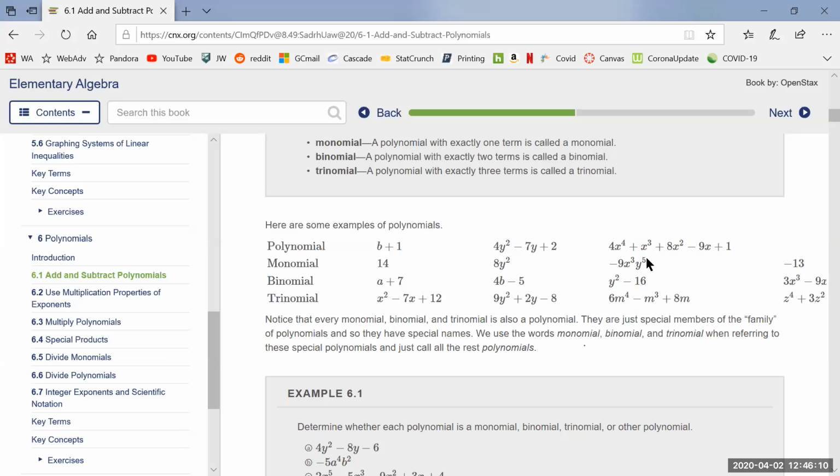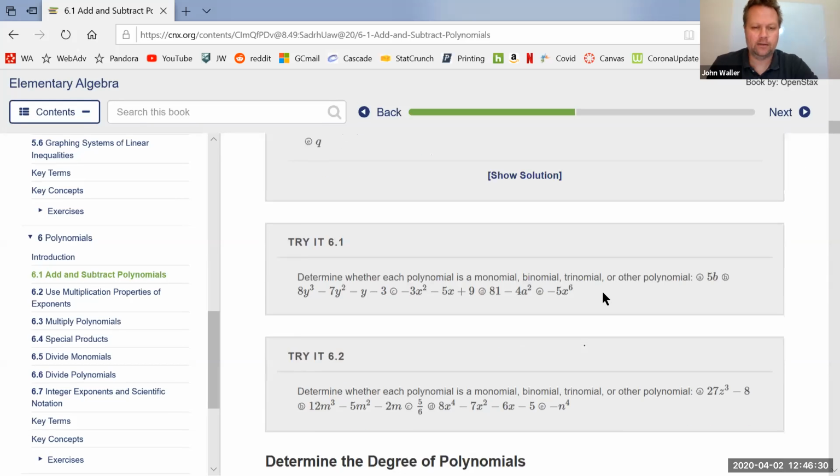There's 3 x's and how many y's? 5. So how many total letters? 8. So that would be 8th degree. This is an 8th degree monomial. That's all there is to it.